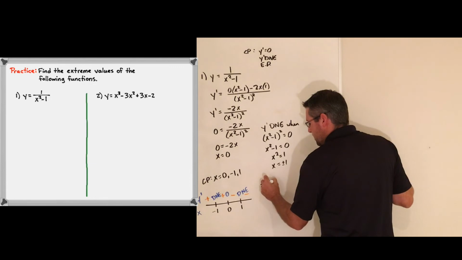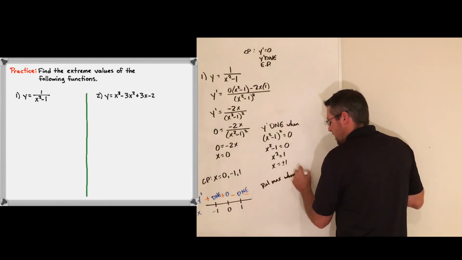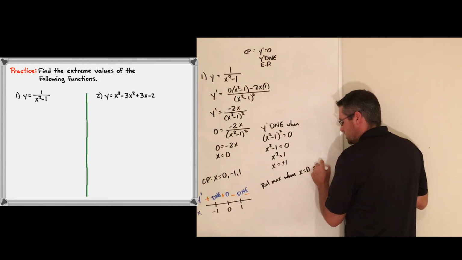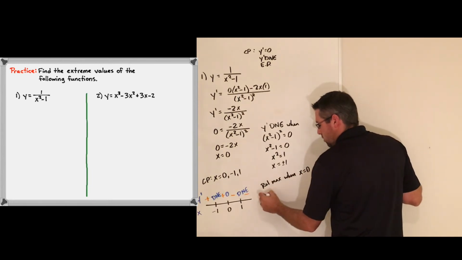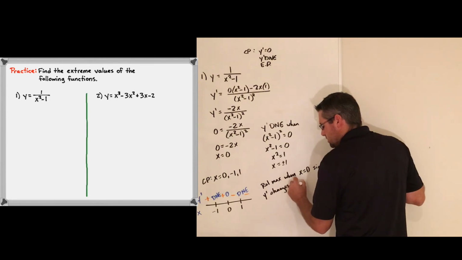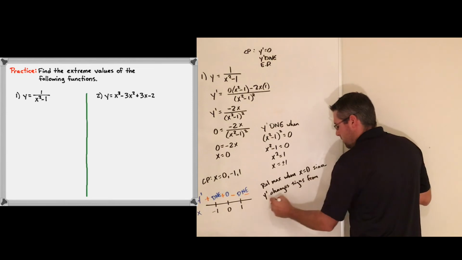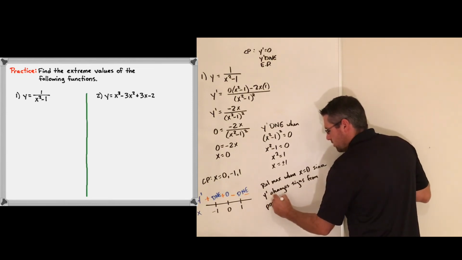So a relative max when x equals 0, since y prime changes signs from positive to negative.